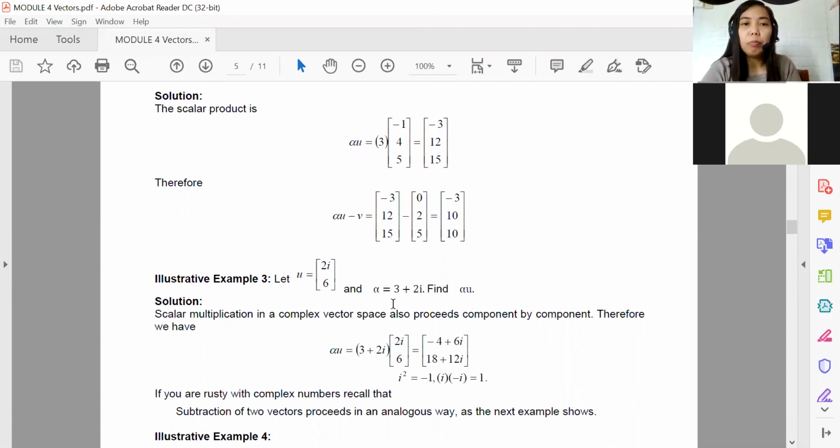So we're going to multiply each element of vector u by 3 plus 2i. When we multiply complex numbers, always remember the power of i. We have i squared that is equal to negative 1.